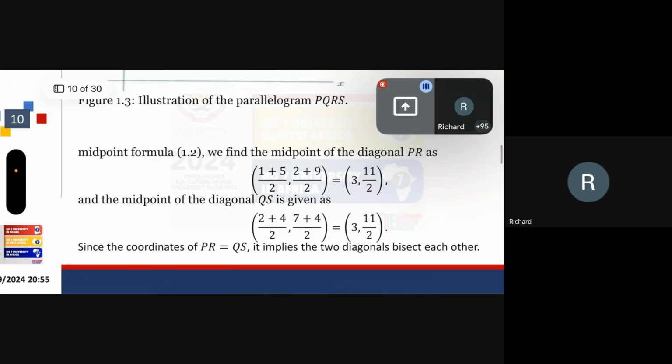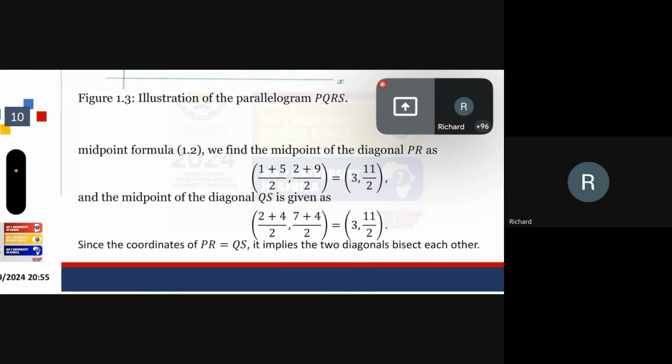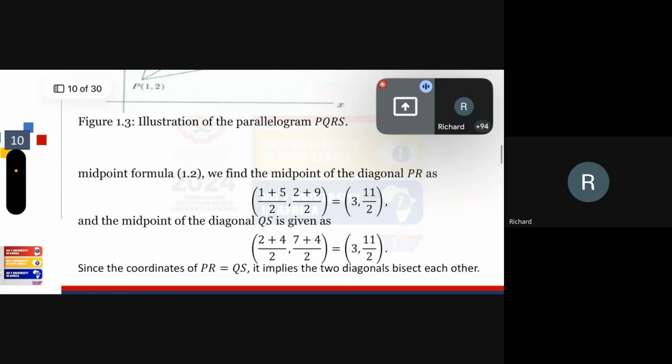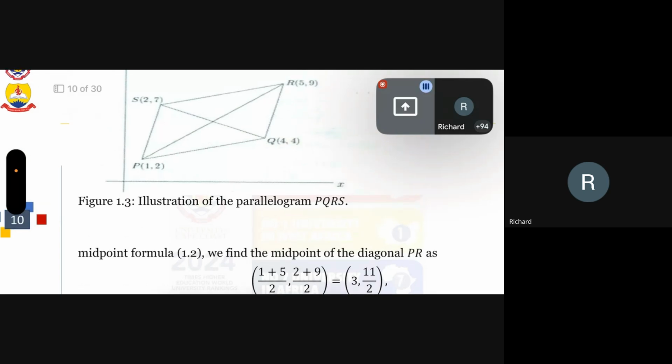So that is your S coordinates. So you're going to get 3 and then 11 on 2 for QS. Then you can also find the midpoint for P and R. Then you're going to get 1 plus 5, which is 6, 6 divided by 2 is 3.